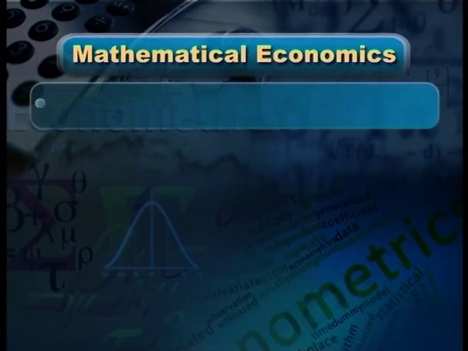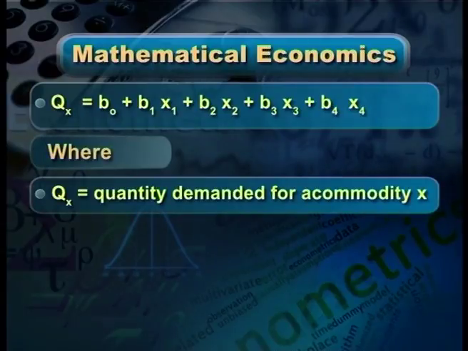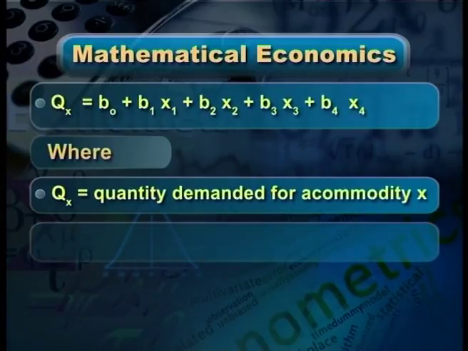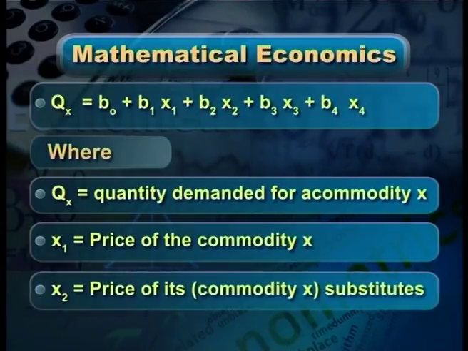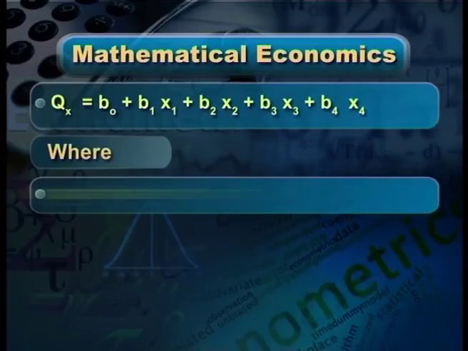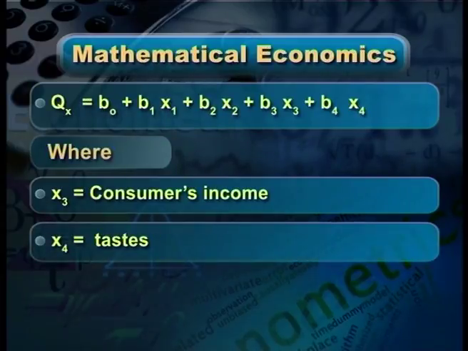In mathematics, we use the linear regression model for estimation purposes, that is Qx. We are taking Qx as quantity demanded for a commodity x. So, x demand depends on its price x1, we are writing x1 as the price of the commodity, then x2 the price of its substitutes, x3 consumer income and x4 taste.